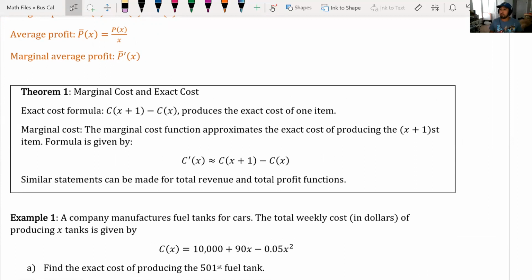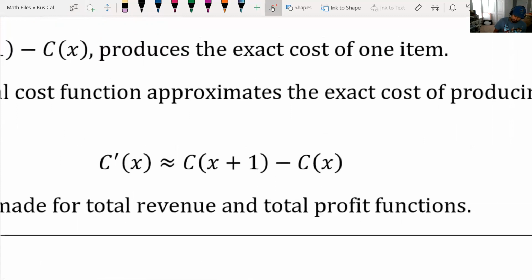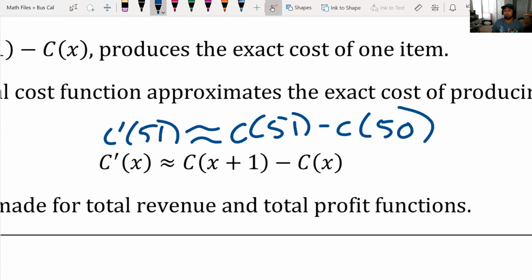That formula is given by the derivative: the value of C prime of X is approximately close to the value of C of X plus 1 minus C of X. So in the example I wrote earlier, C prime of 51, the derivative at that number, would be very close to the exact cost, C of 51 minus C of 50.